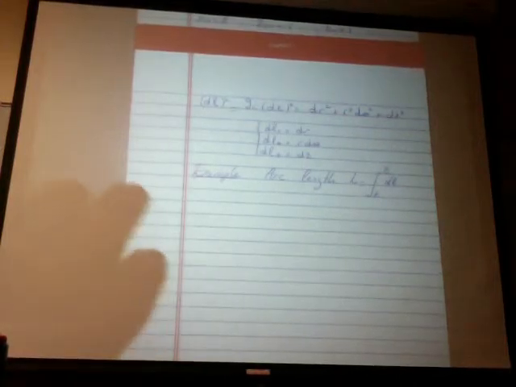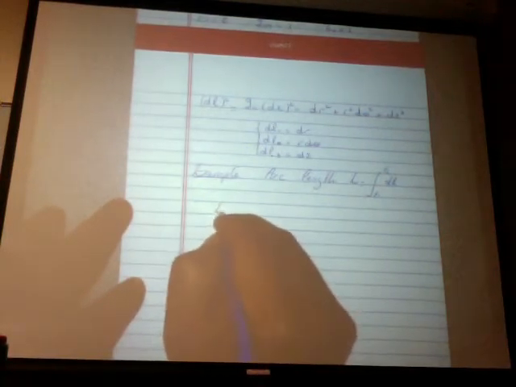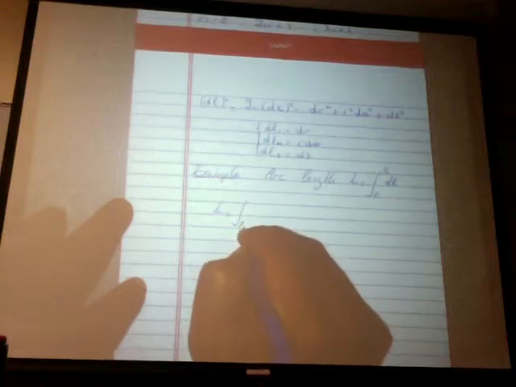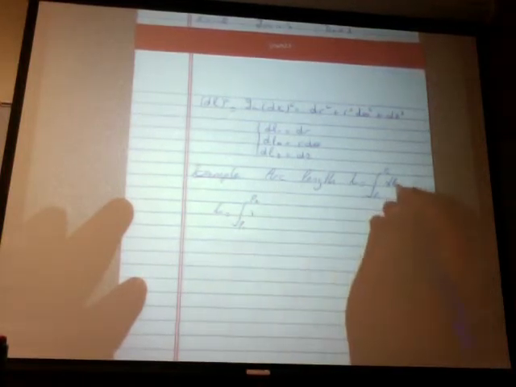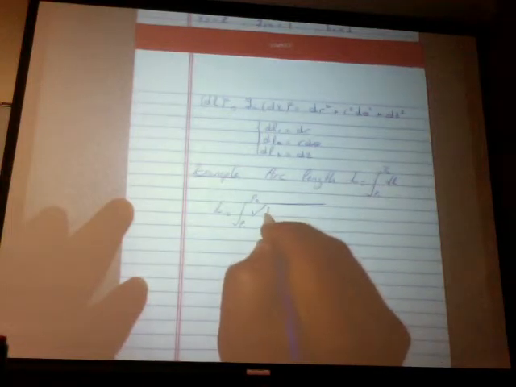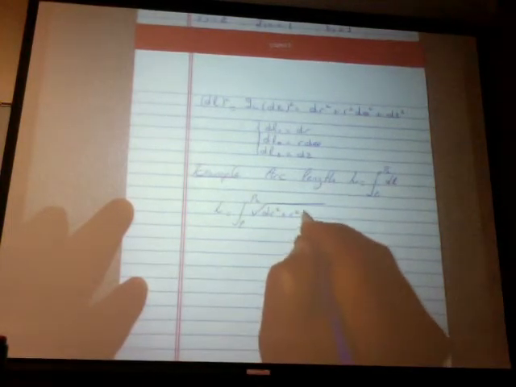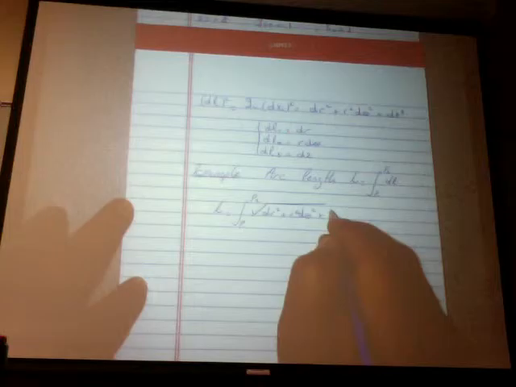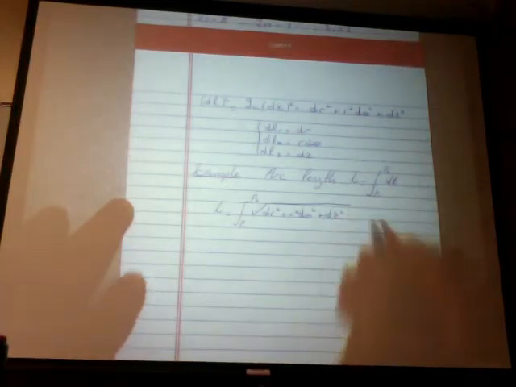That length is an invariant, whether we measure it in the Cartesian system or we measure it in the cylindrical system. At the end of the day, that length is going to be the integral from P1 to P2 of dl, which is the square root of all this stuff: dr squared plus r squared d theta squared plus dz squared.